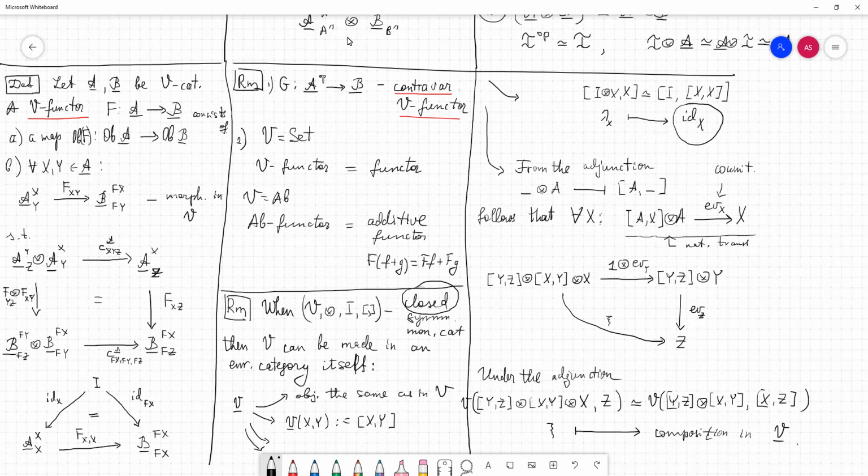So it's how to make a composition in V underline using evaluations and taking the adjoint.